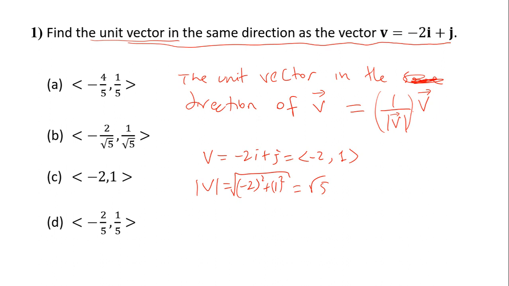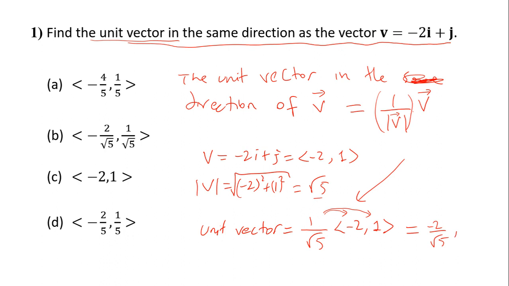So the unit vector we want is 1 over square root 5 times the vector negative 2, 1. So I'm using this formula here. And this will be the scalar times a vector. You multiply the components.